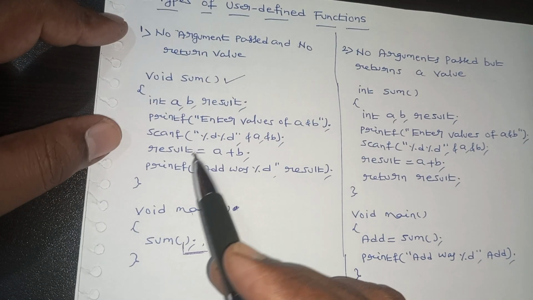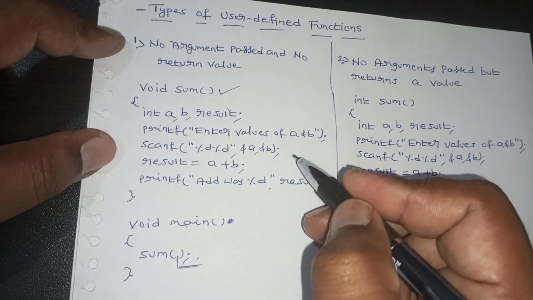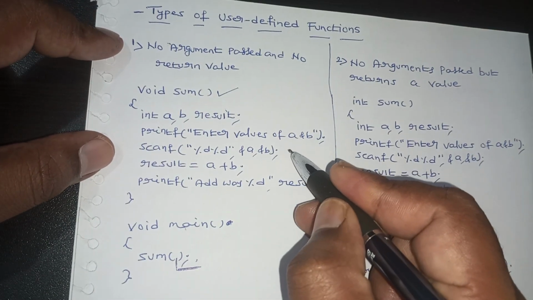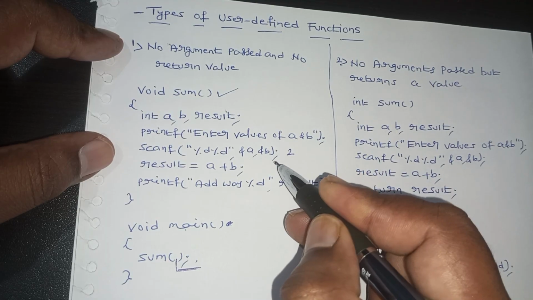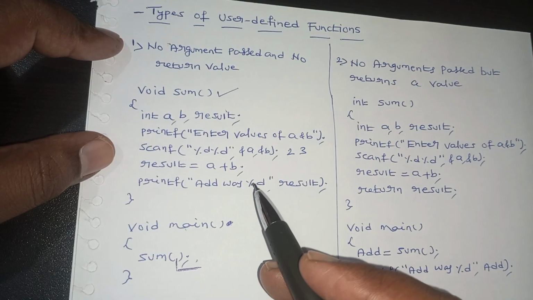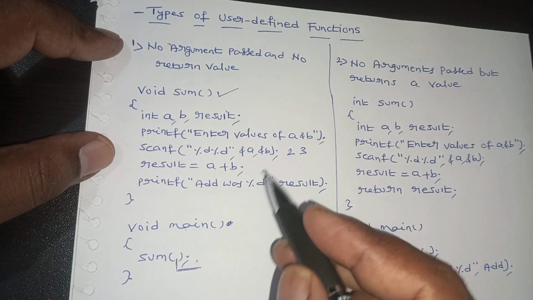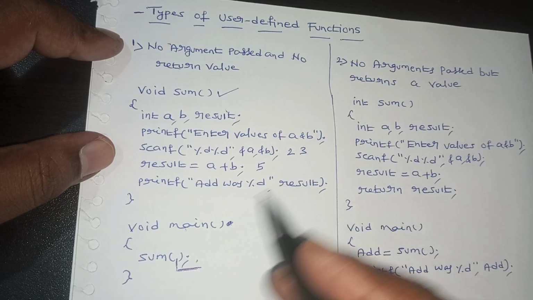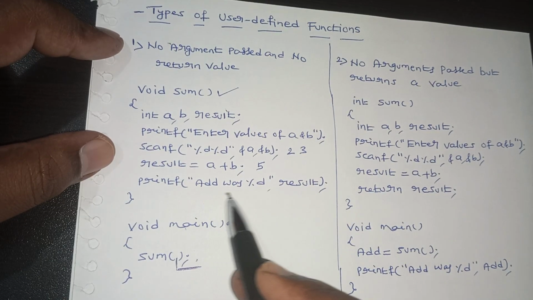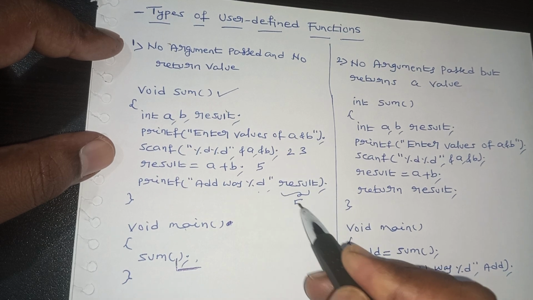Then using scanf I am taking the values, ampersand a, for example a is 2, and b is 3. Already you know about scanf and printf. Now addition: result equals 2 plus 3, which is 5. Then printf: addition is %d. The result is 5.